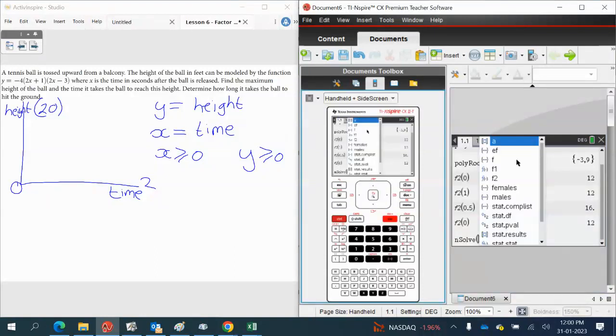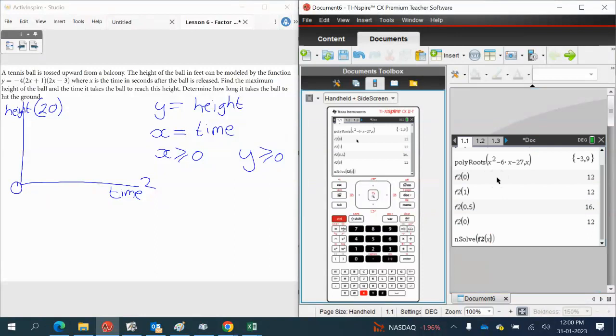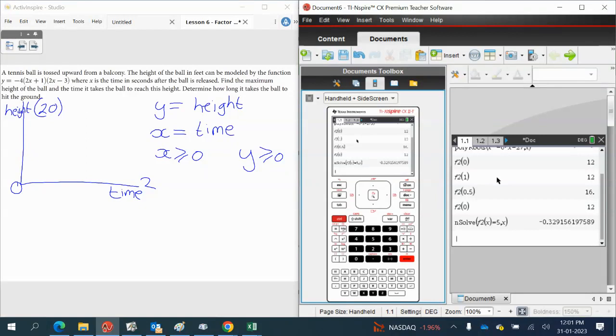You pull up the function, you put in an x value and say this is equal to some value, and then solve for x. This will give you the first solution, and it says x is minus 0.3. That doesn't make much sense. You can find another solution if you tell it to look in the positive domain between 0 and 2. That's more complex.